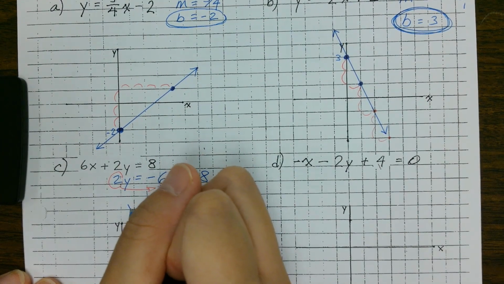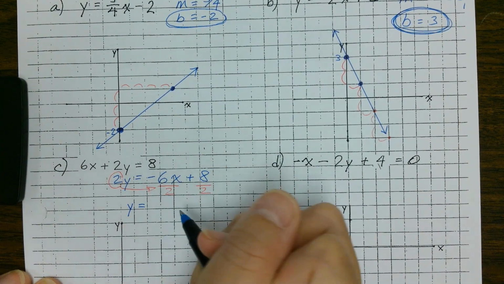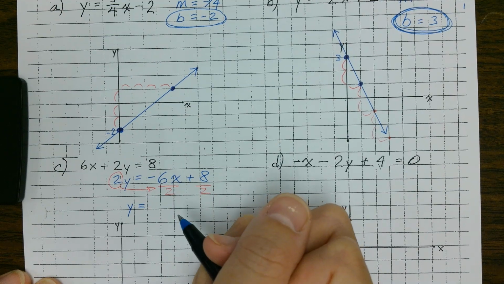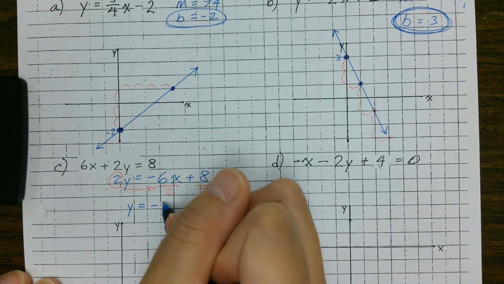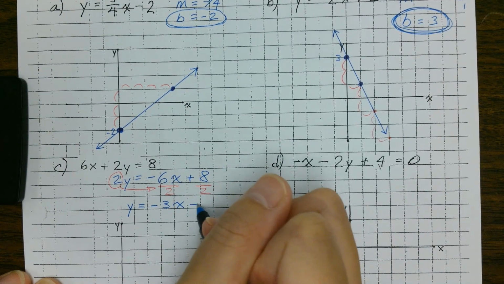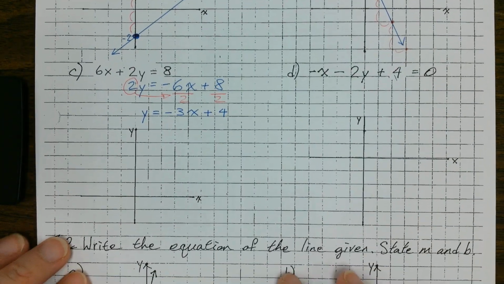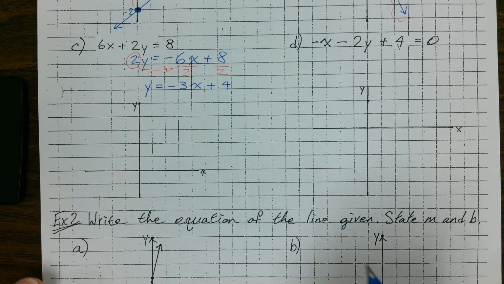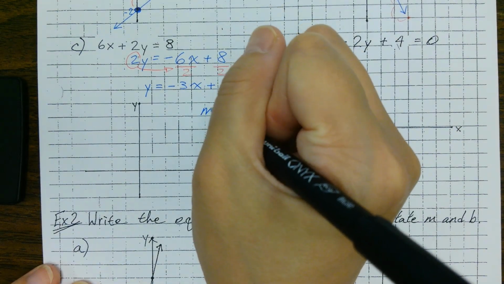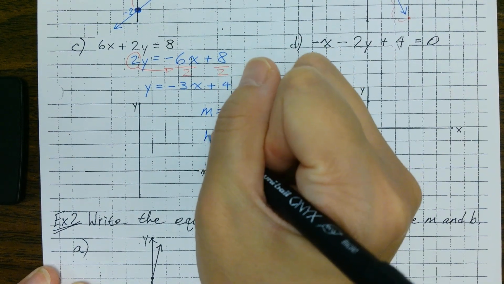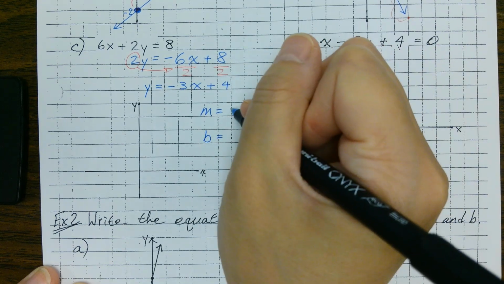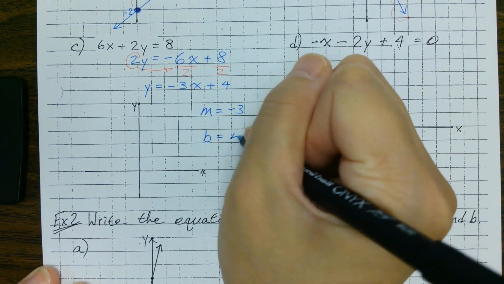So your negative. Good job. Teamwork. All right. What is my slope? What is my y-intercept? Good.